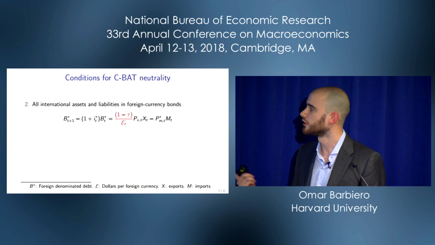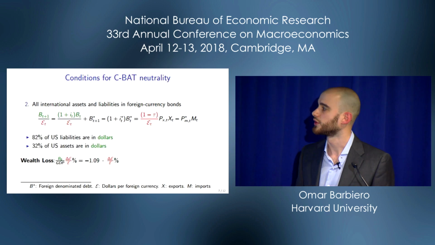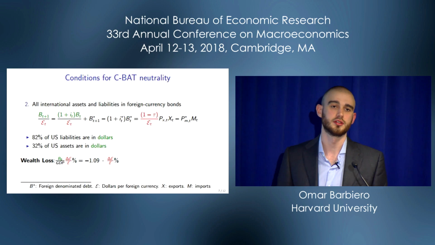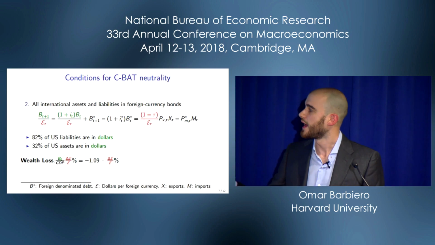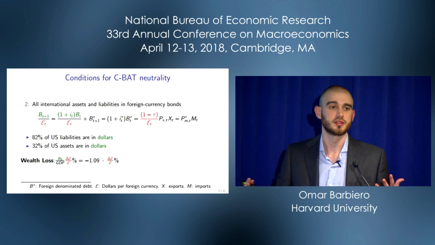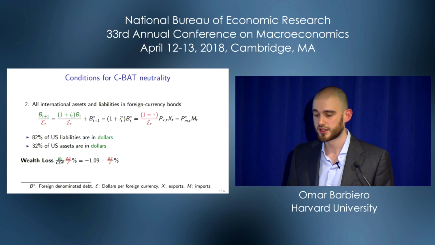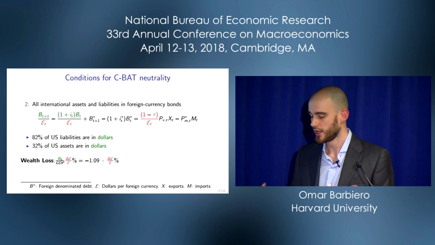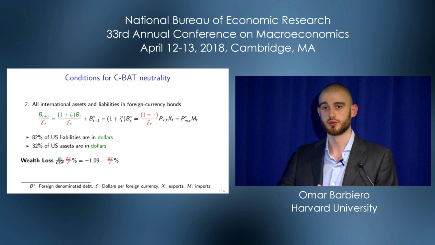But we know that this is not an accurate way of modeling the net foreign asset position of the US. In particular, we know that most of US liabilities are denominated in dollars. And so we must enrich this budget constraint with a new variable called B, highlighted in green, because it's denominated in dollars. When we introduce this variable, then an exchange rate appreciation, a dollar appreciation, will increase the amount of liabilities compared to assets for the US.